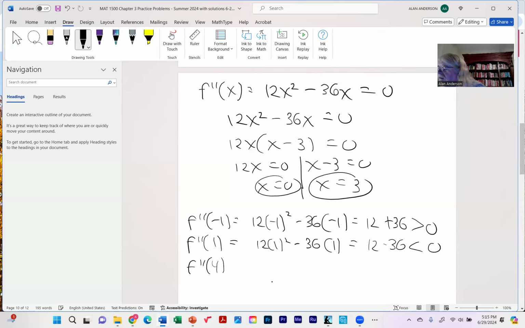F double prime of 4 is going to be 12(3) squared minus 36(3). And that's going to give us 108 minus, let's see. Is that right?